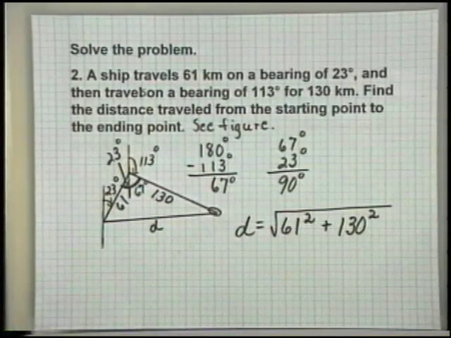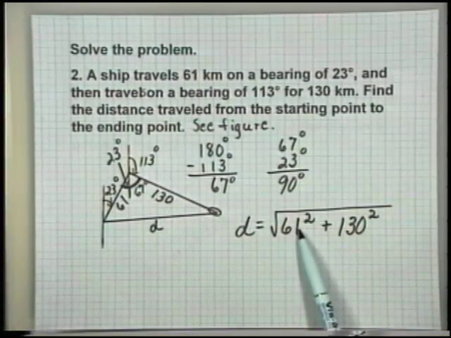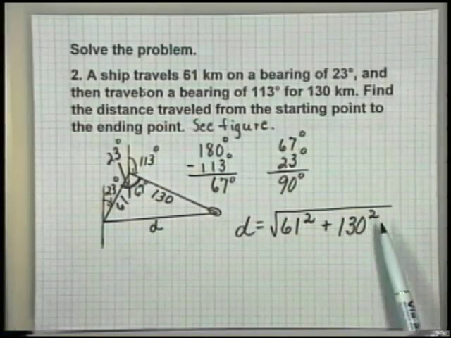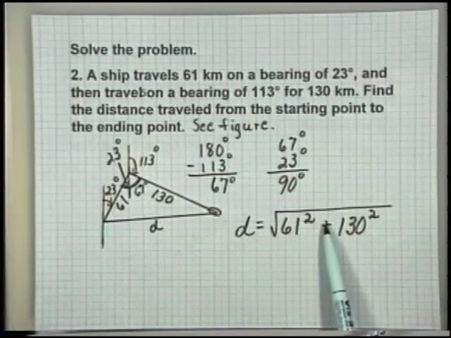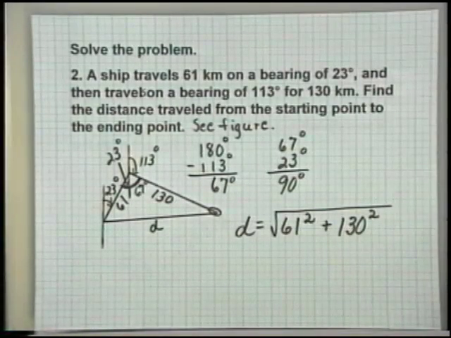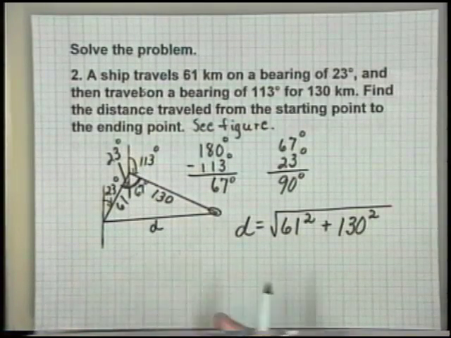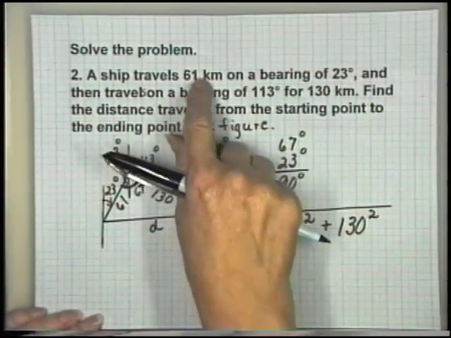Now, I use a scientific calculator, and on my scientific calculator, you enter the 61, hit the square button, plus 130, hit the square button, hit your equals, so it will do your adding for you, and then take the square root. And when I calculate that, I get 143.6000, and let's see what I need to round to.